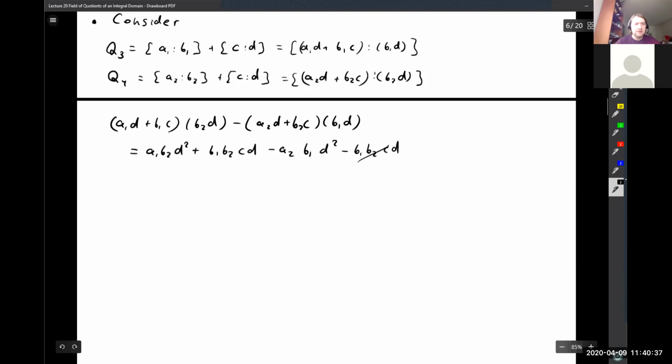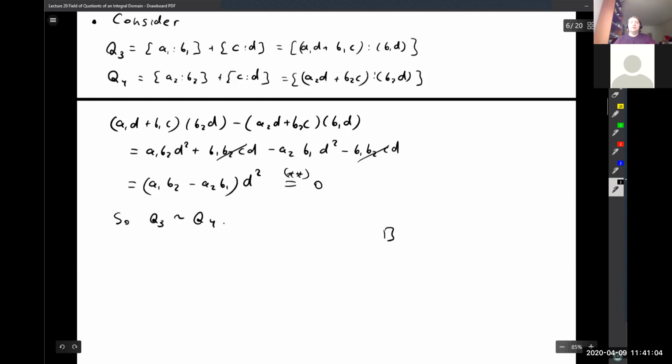Okay, so this cancels immediately. Now for the rest, we can factor d squared and get (a1 b2 minus a2 b1) d squared, which by the condition star star equals 0. So Q3 is actually equivalent to Q4.